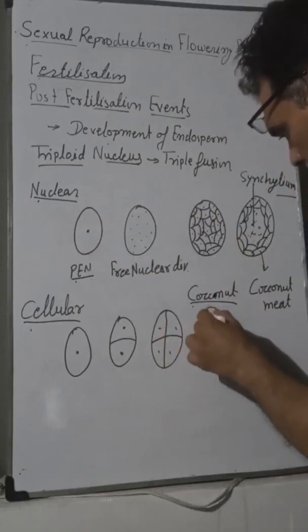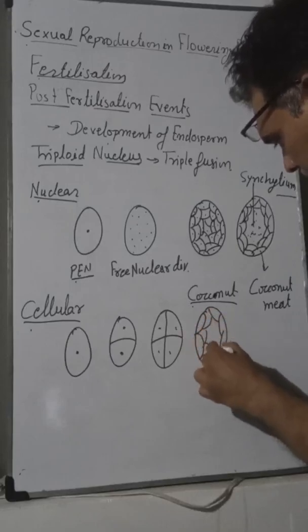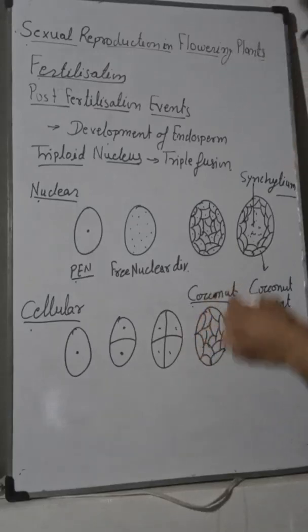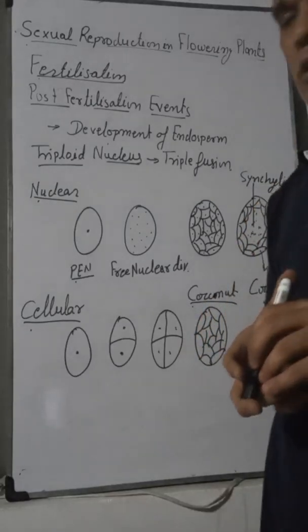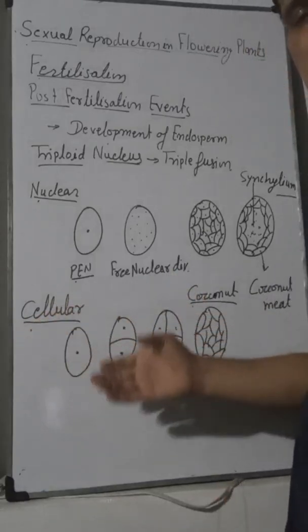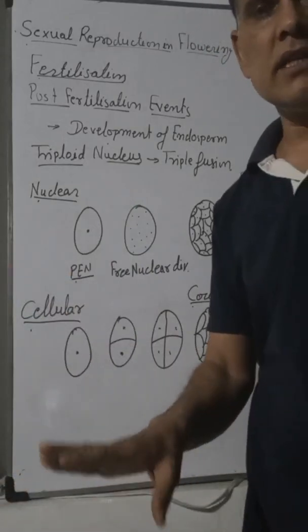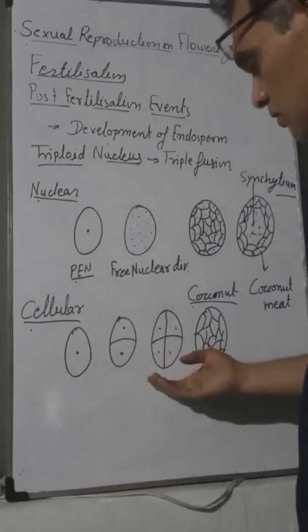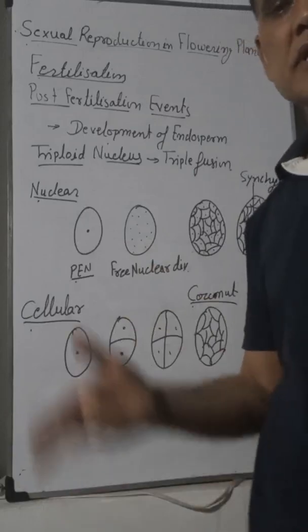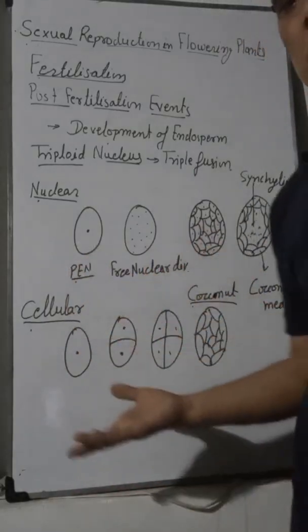Then it continuously divides, and from the beginning it is cellular. No free nuclear division is there. Firstly nuclear division, then cell wall formation, then nuclear division, then cell wall formation. So from the beginning it is the cellular type of endosperm.